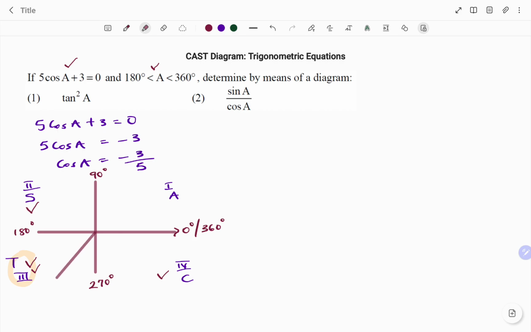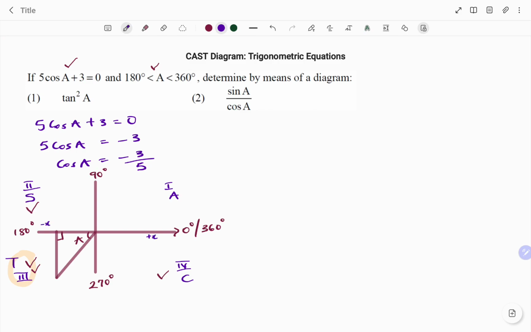Once we draw the terminal arm, always roll towards your x-axis. So we have 90 degrees as shown, and we have the angle to be A. The next step, labeling all the sides. Note that we have the positive x-axis and we have the negative x-axis.